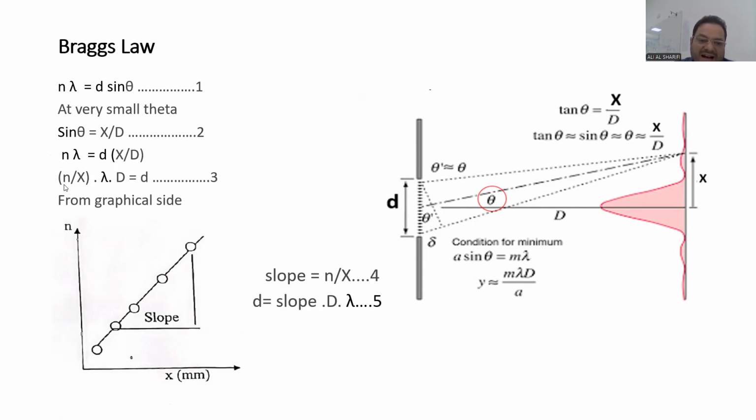By that, we can say small d, the width of this slit or the diameter of the used wire, equals slope multiplied by wavelength multiplied by the distance between the screen and the slit or the wire. Okay.